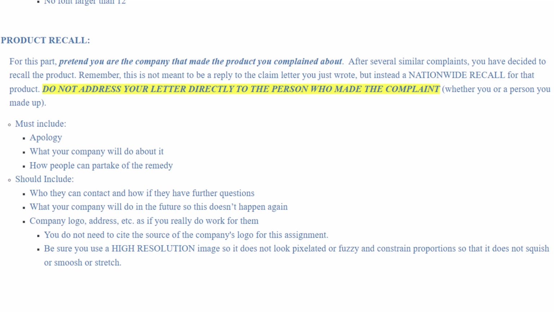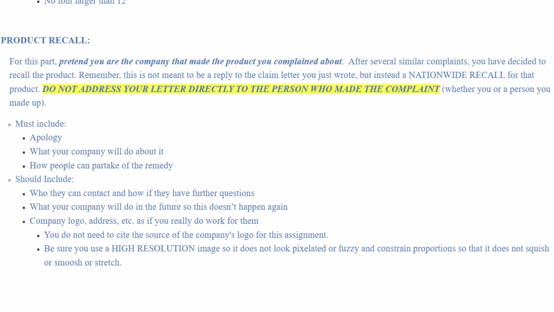And you do not have to give attribution for the purposes of this letter, because remember, you are acting now as if you are that company, and that company does not put on there that so-and-so made this logo for us. Make sure when you write your letter, the actual meat of your letter includes an apology.